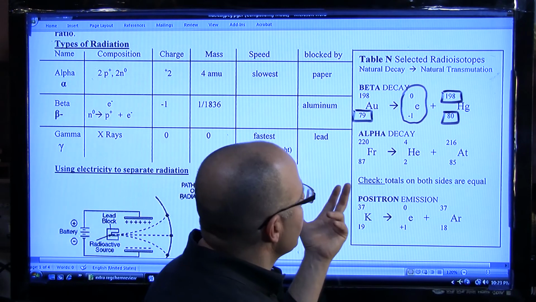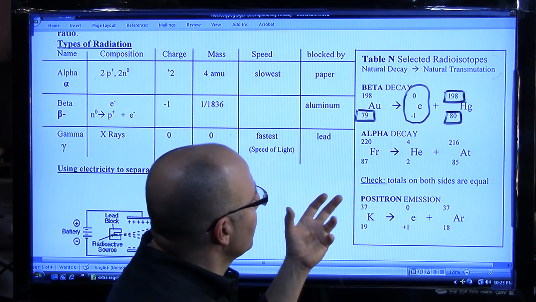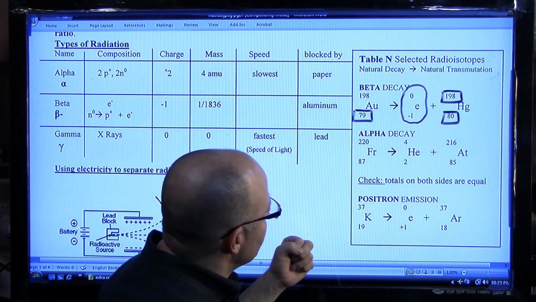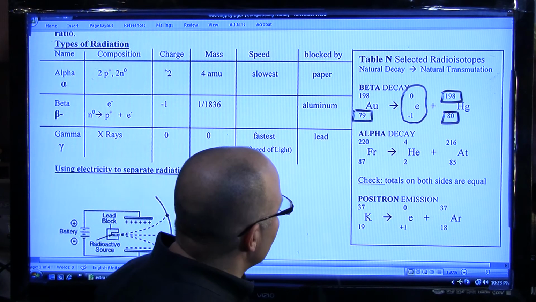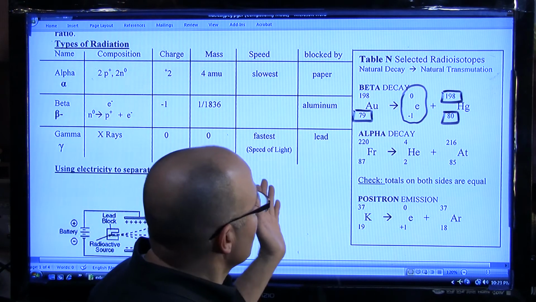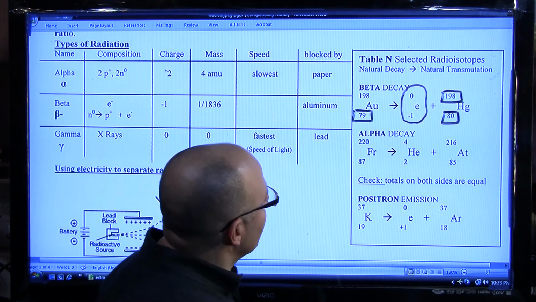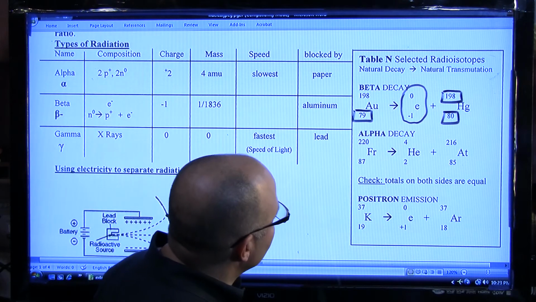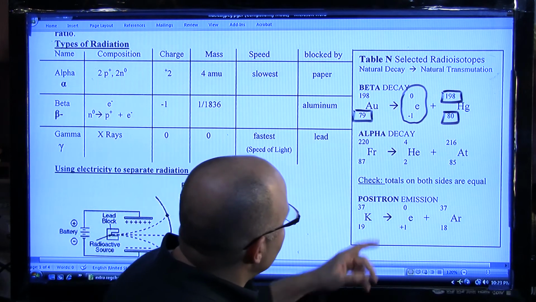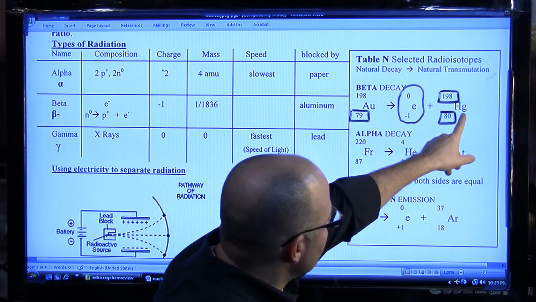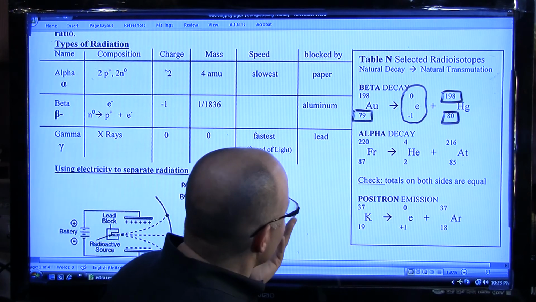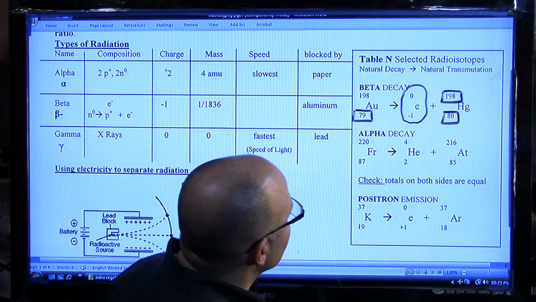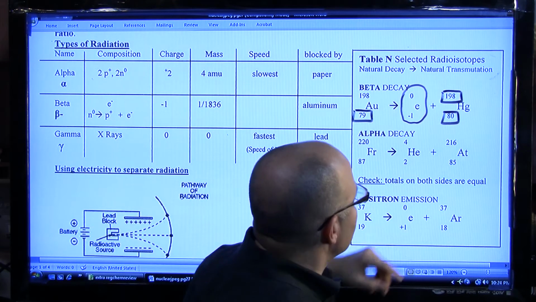So what we're saying is that this is a natural decay, because this gold isotope on its own does this because of its unstable neutron to proton ratio. On its own, it emits a beta particle, and in the process, it turns into a new element, which is Hg, mercury. So natural decay leads to what is called a natural transmutation.